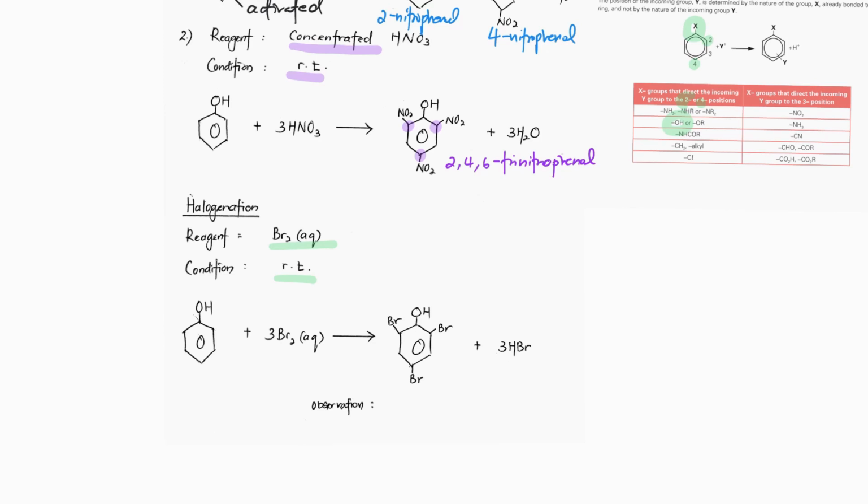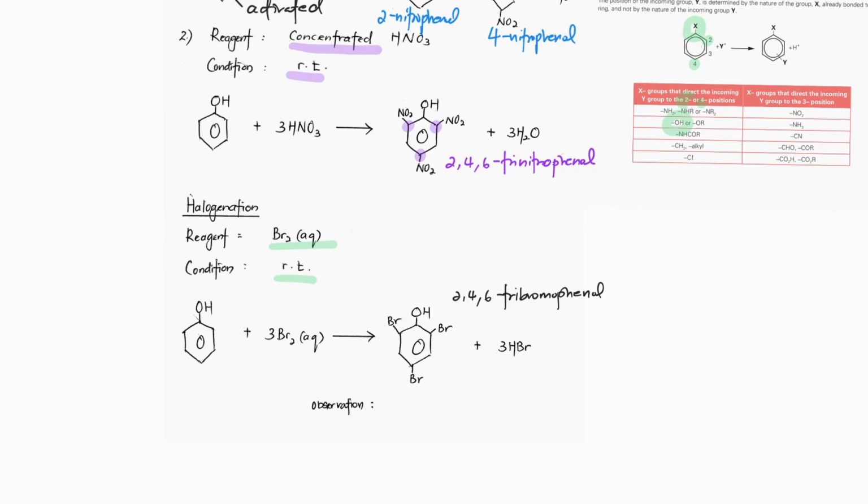For this reaction, there will be substitution at the second, fourth, and sixth carbon, so there is tri-substitution. The product will be 2,4,6-tribromophenol. This reaction gives us 2 observations.